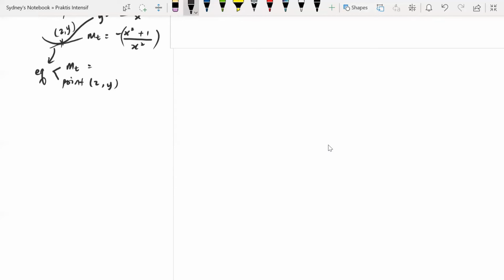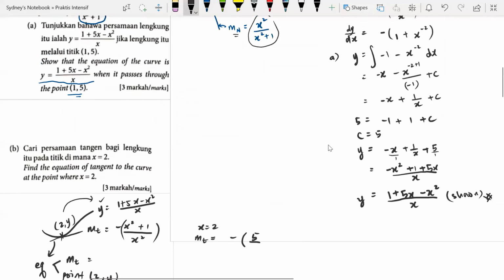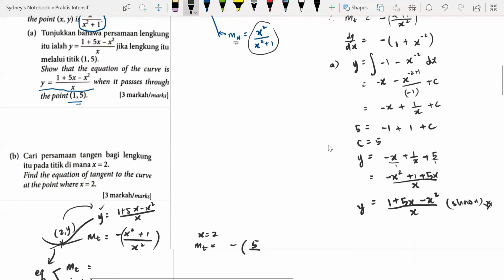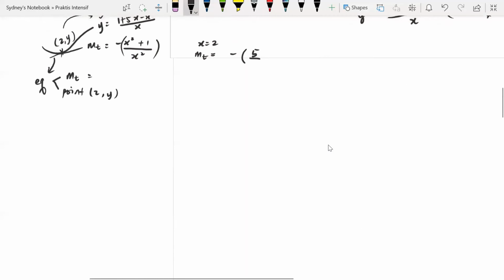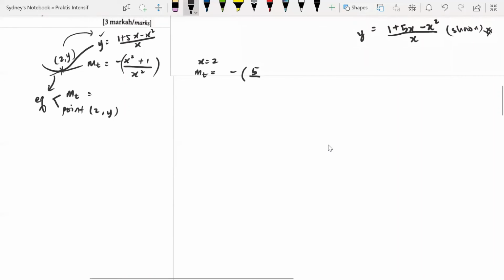When x equals 2, the gradient of tangent will be negative 2 squared, which is 4, 4 plus 1, 5, over 2 squared, which is 4. So it's negative 5 over 4.